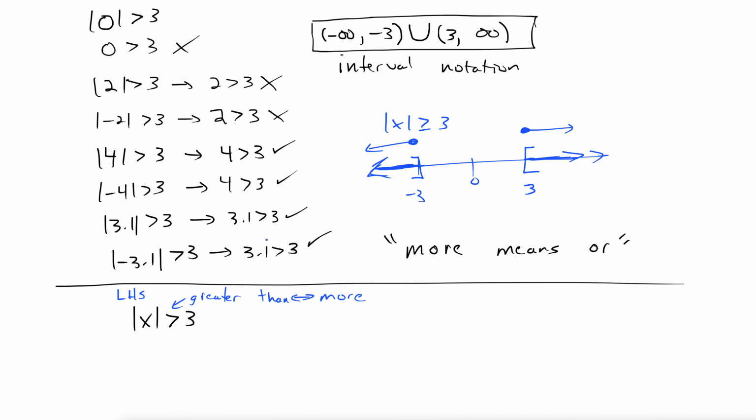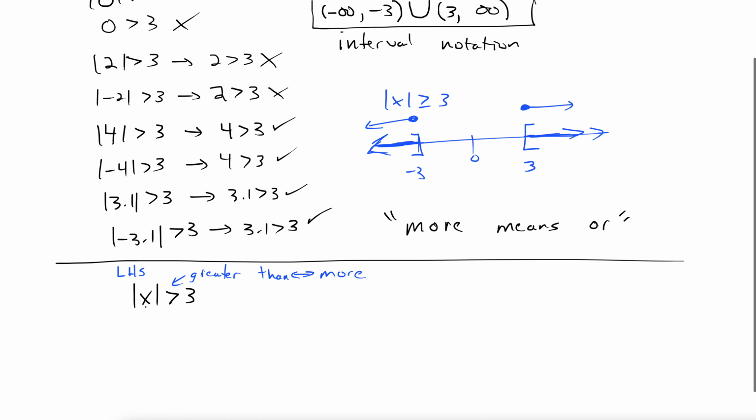It helps us remember. What absolute value of x greater than 3 means is x is greater than 3, there I just drop the absolute value, or, that's the or part, x is less than -3.